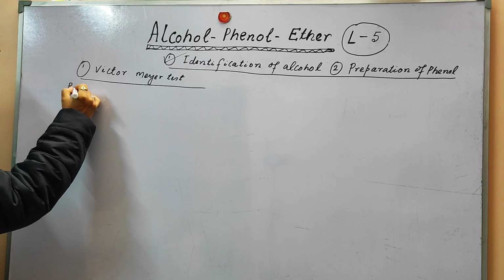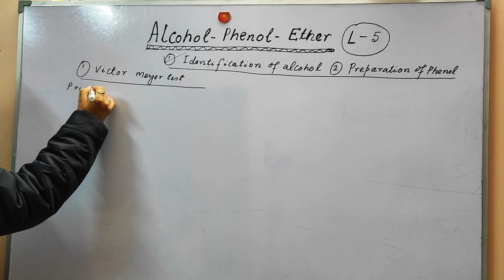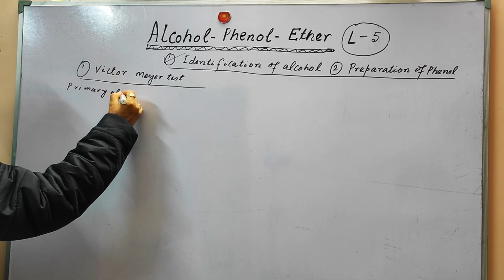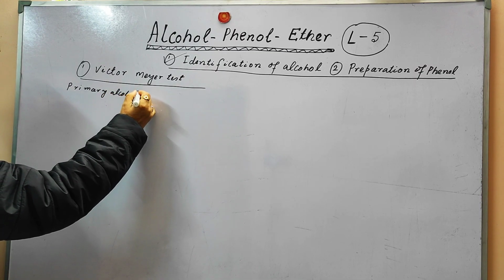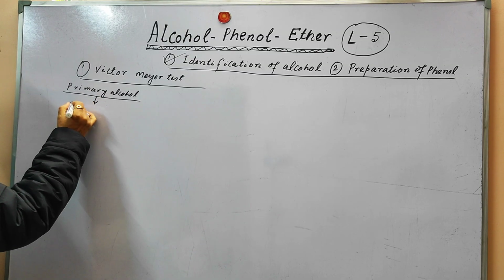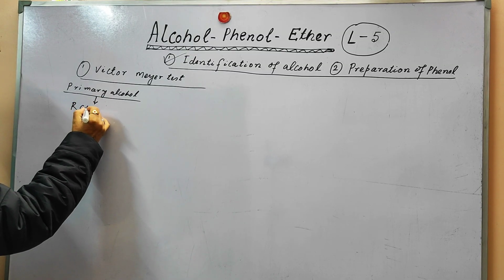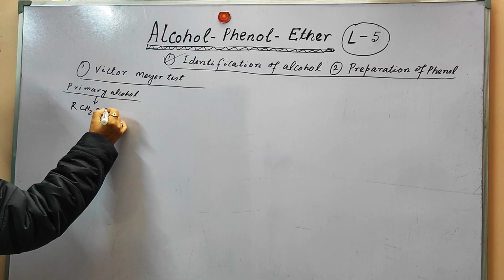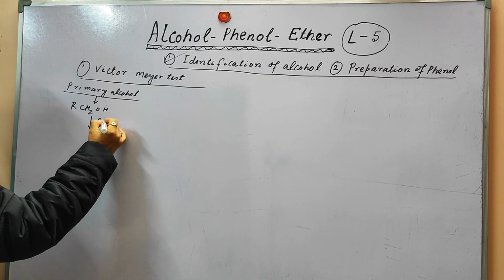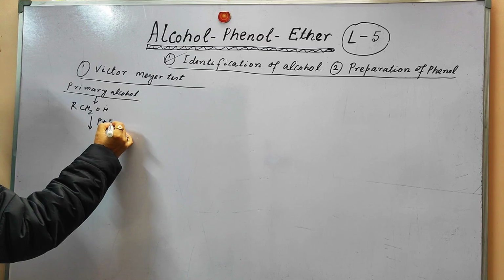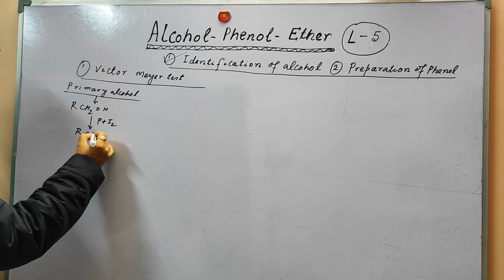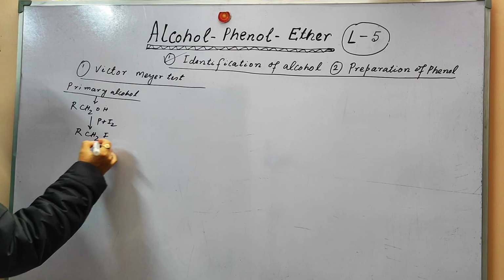So we write this primary alcohol. For primary alcohol, we know the general formula we are talking about is this. After this, we have to react it with phosphorus and iodine, and it will prepare RCH2I.